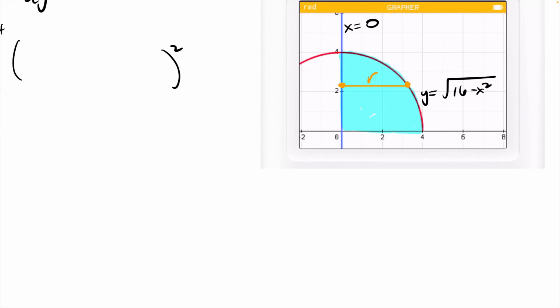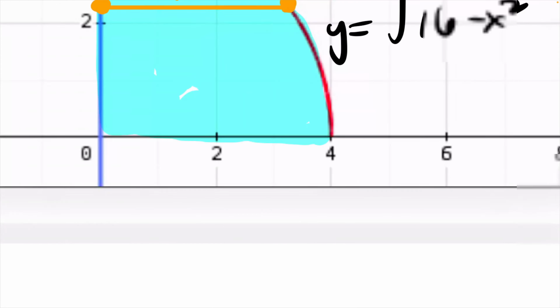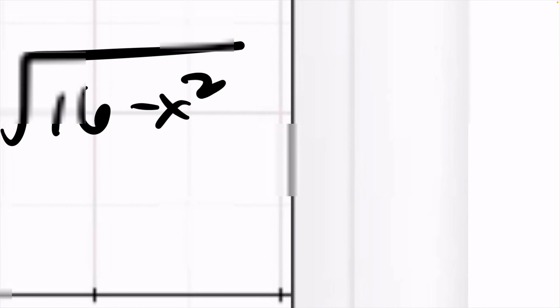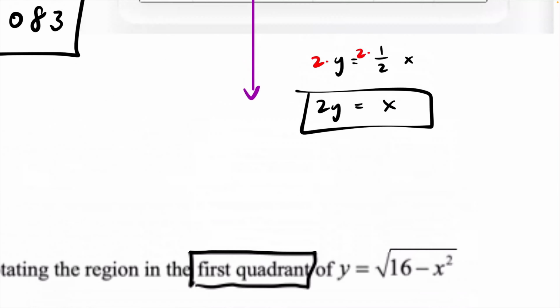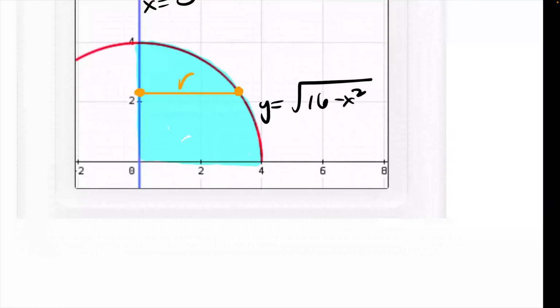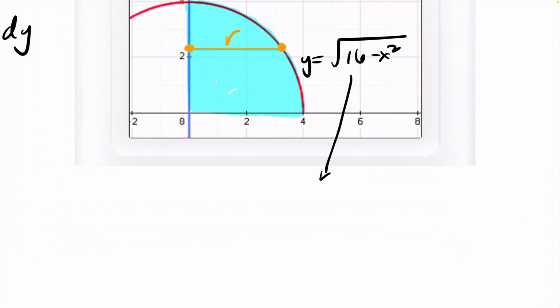Okay. So the right is square root 16 minus x squared minus the left, which is 0. But this is dy, right? So I can't put this guy. If I put this guy, my calculator won't know what to do because it's dy. I can't have x's and y's mixed together. So I got to solve this guy for x. So y equals square root 16 minus x squared.